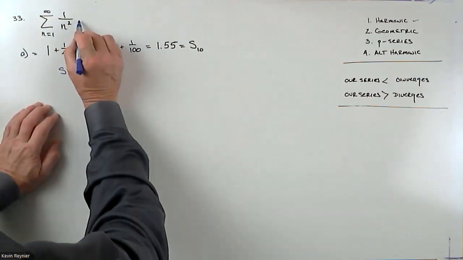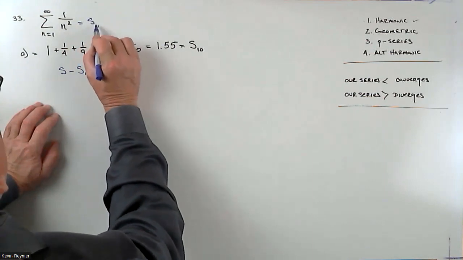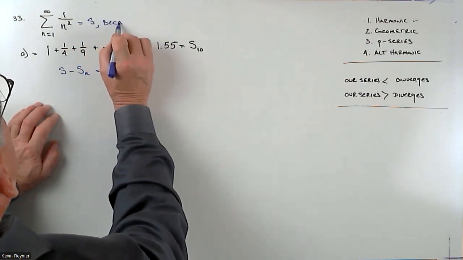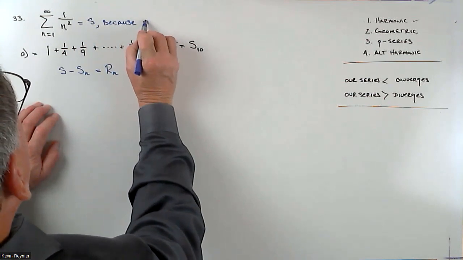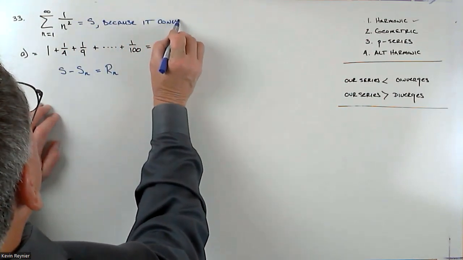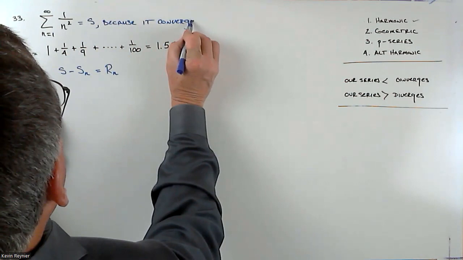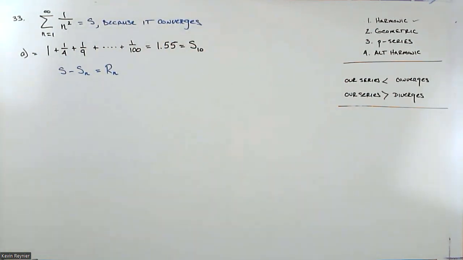So we know this equals S because it converges. And we know why it converges. We know it converges because it's a P series and P is 2, and that's bigger than 1. I don't know what S is.